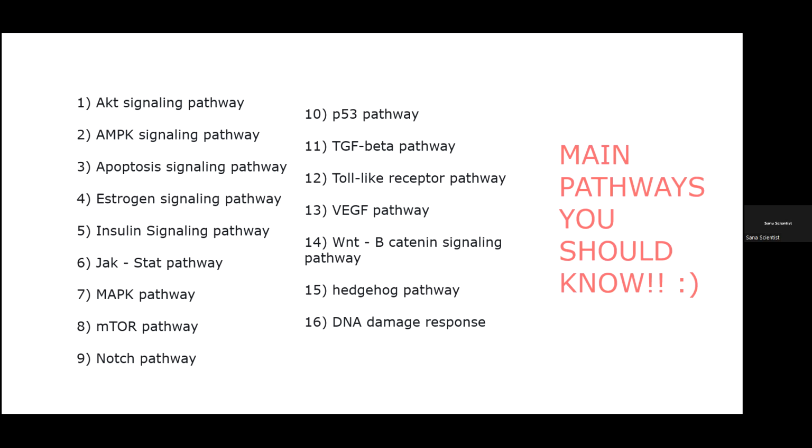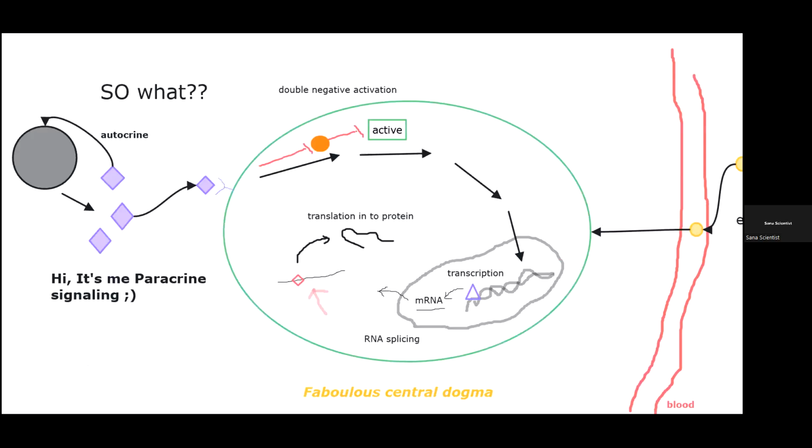It gets fixed. If it doesn't get fixed, then this will lead to cancer. So all of these pathways are really important. Try to know them by heart, although it might sound a bit difficult.